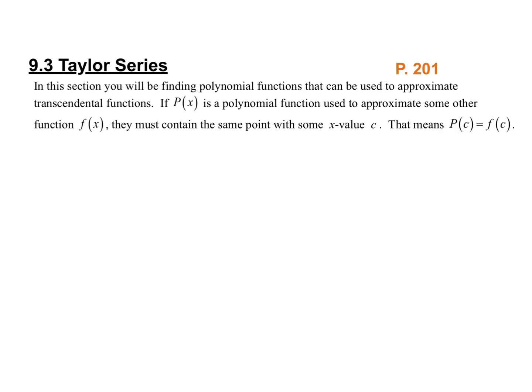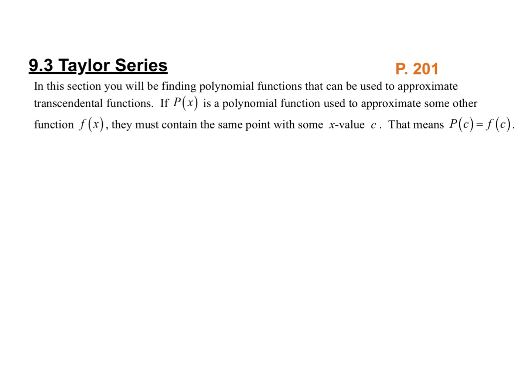At some point, p of c is going to equal f of c, meaning that's where their common point is. The polynomial has this point, and at the same point c, that function contains the same point.